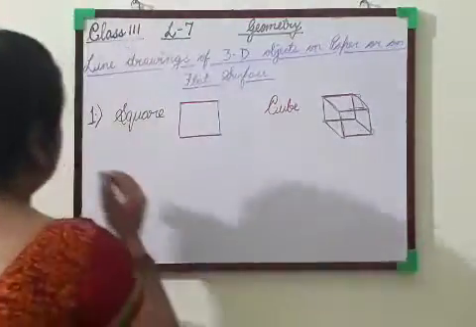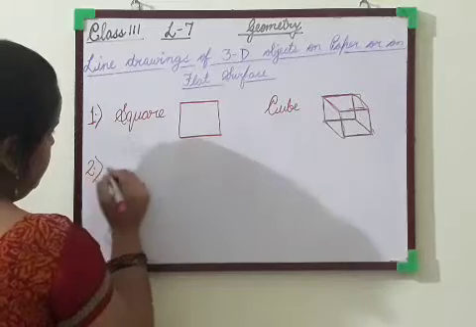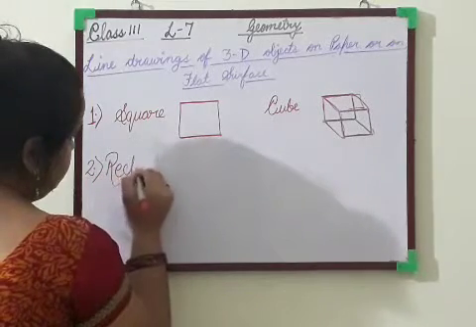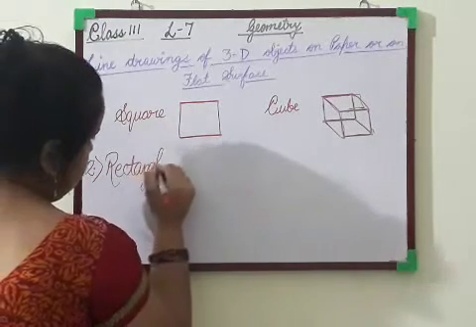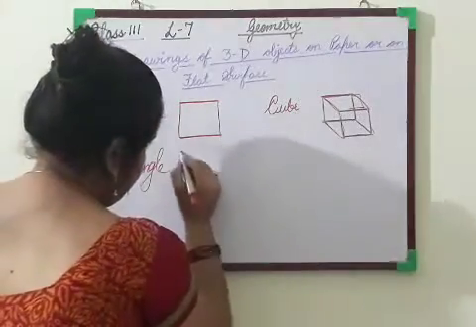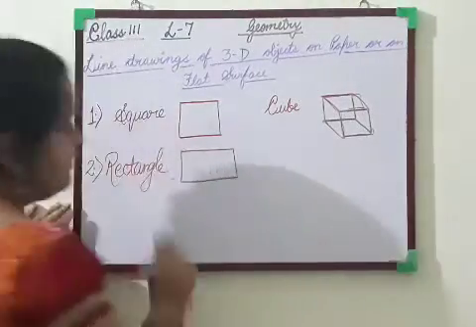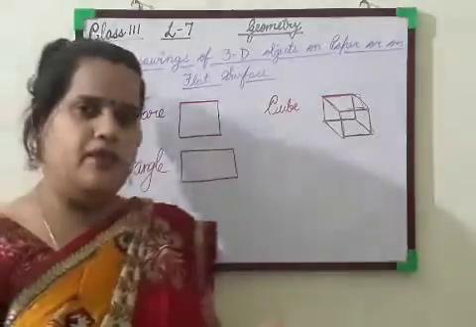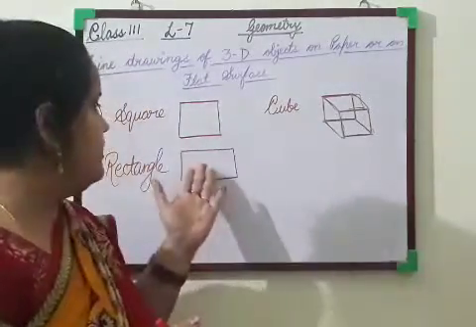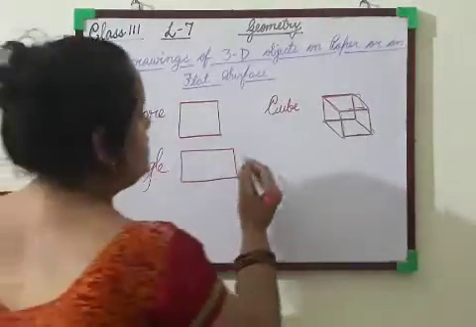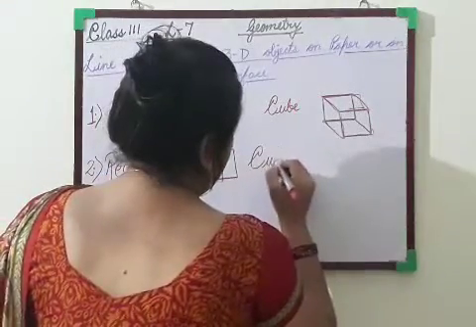Okay. Now the second one is rectangle. Now see, rectangle. Now when the rectangle we have given the height, what it becomes? It becomes cuboid.